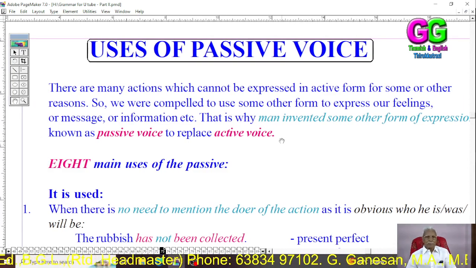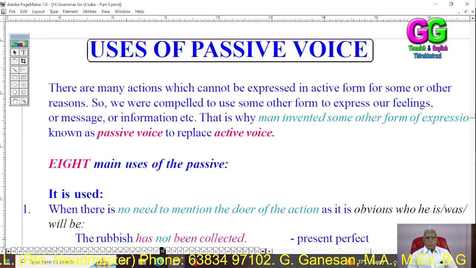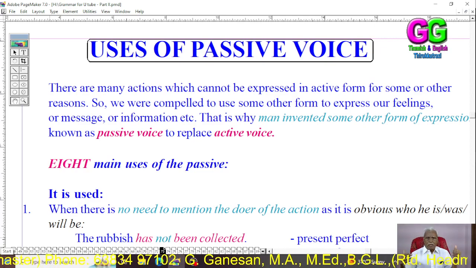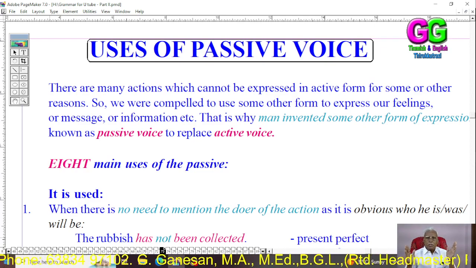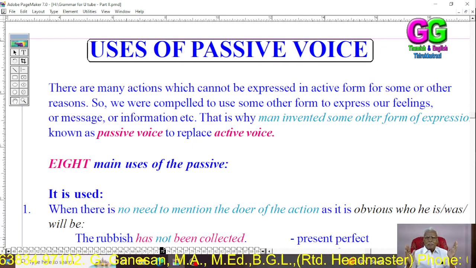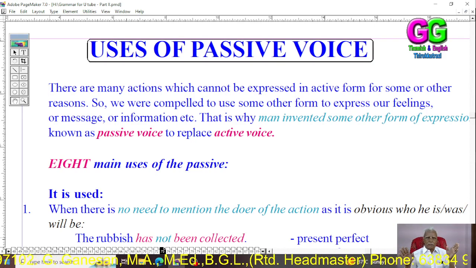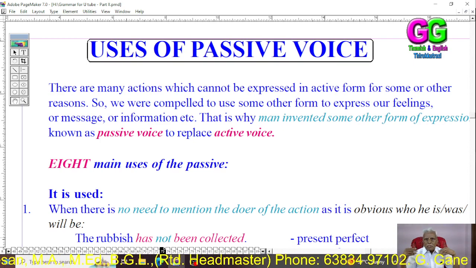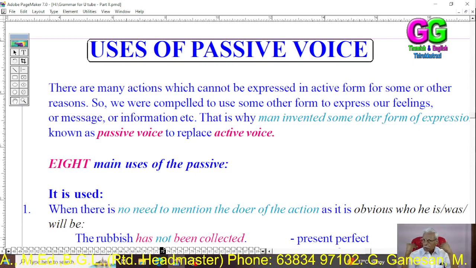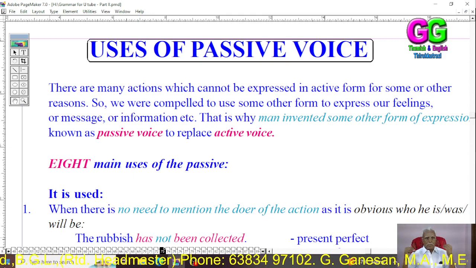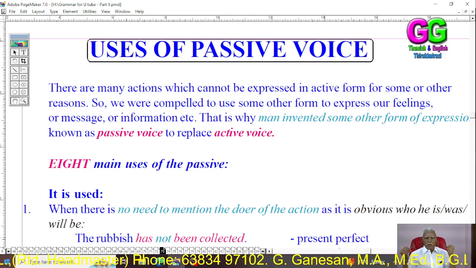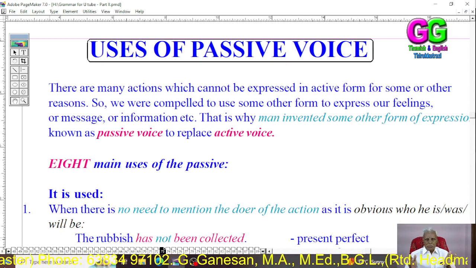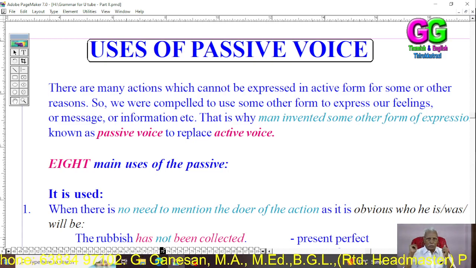Dear students and teachers, in our daily life, we are using hundreds and hundreds of types of expressions, a form of expression to express our feelings, message, etc. All our feelings could not be expressed through active voice alone.